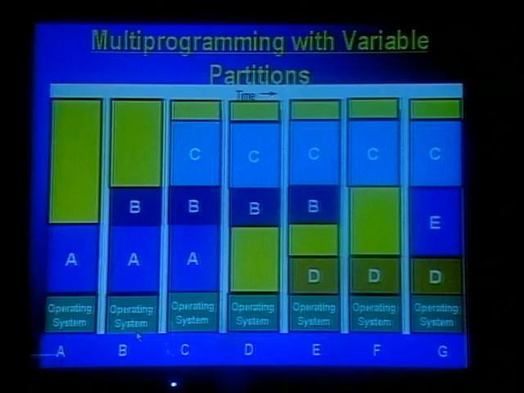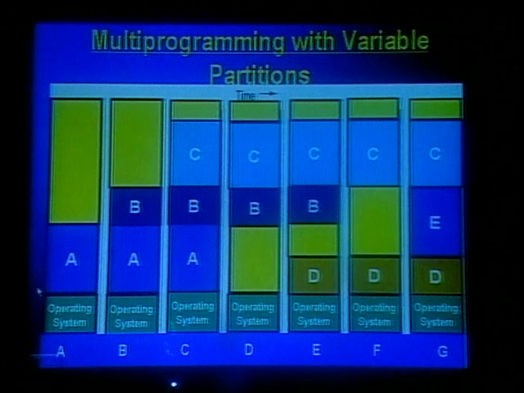How does it work? Let's look at the diagram. In this diagram, we see at any point of time A, B, C, D, E, F, and G. At point A, this is the situation in the memory. We have the operating system here, we have job A, and this yellow portion is the empty portion of the memory.